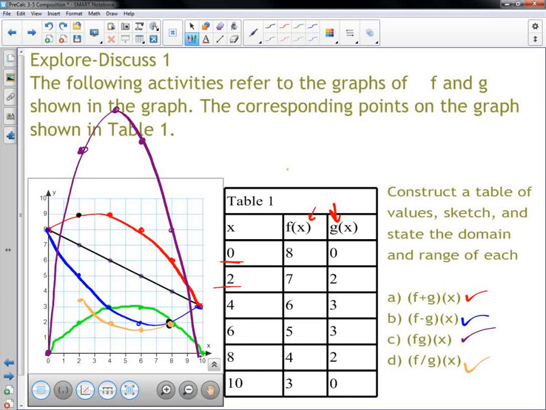Now, that's what we've got so far plugging in points. Would you guys believe me if I told you that as these get closer and closer to 10 and 0, where it's undefined, it's going to get closer and closer to the number, but more and more steep, going up?